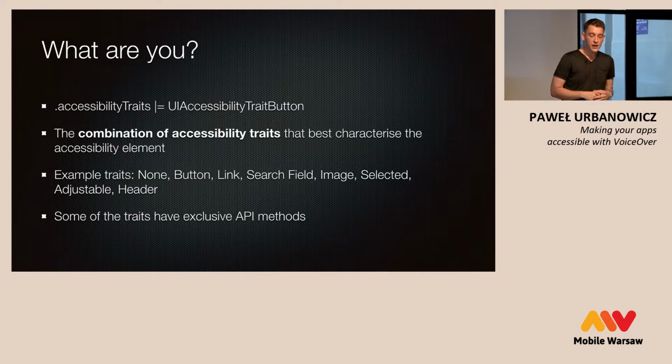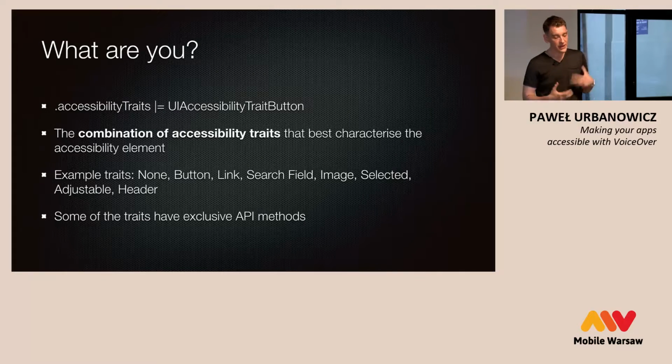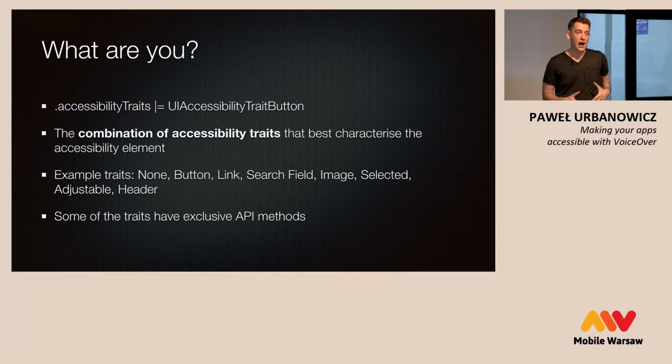Next one, who are you? And we are giving these traits, this combination of accessibility traits for a control that describe what the action is, what can be expected from using that control. And there are many, many different traits that we can combine and use. So button is just one of them.